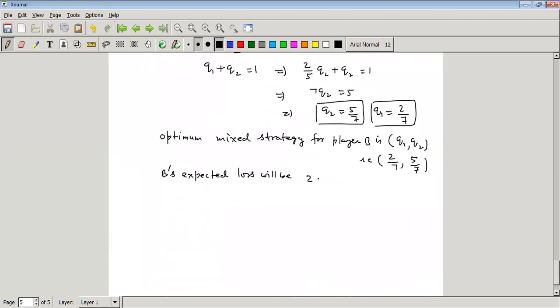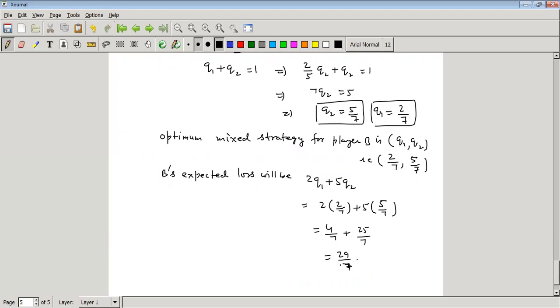So 2Q1 plus 5Q2 is equal to 2 into 2 by 7 plus 5 into 5 by 7. So we get 4 by 7 plus 25 by 7, that is again 29 by 7. So again we get the value of the game as 29 by 7.